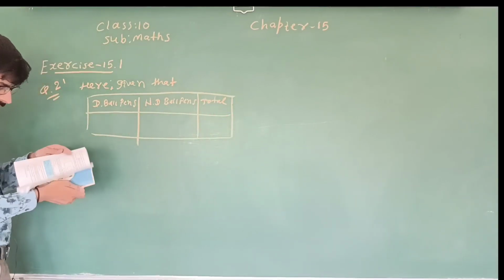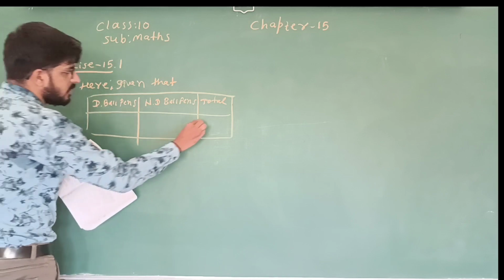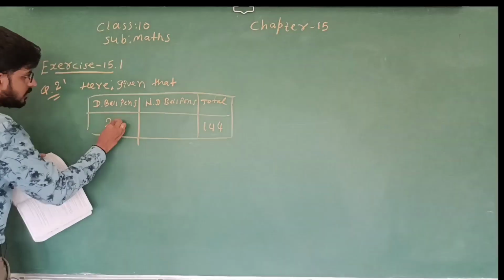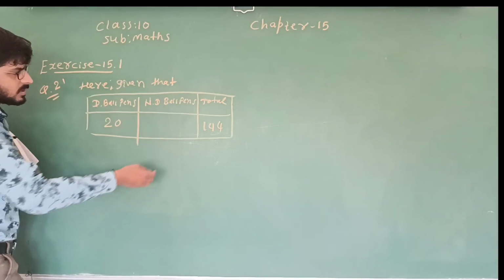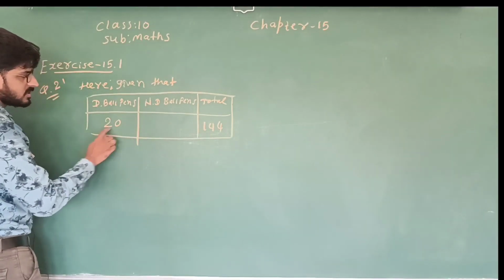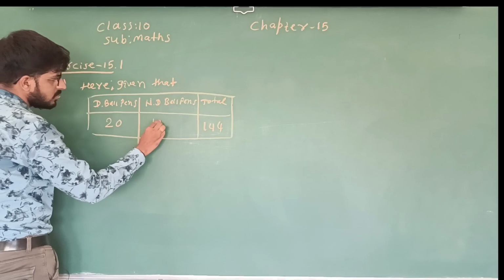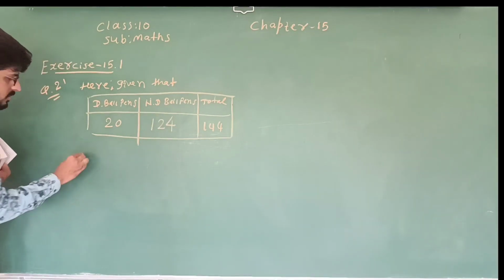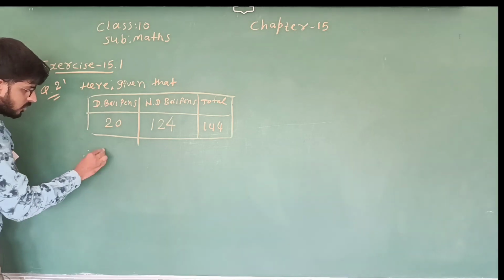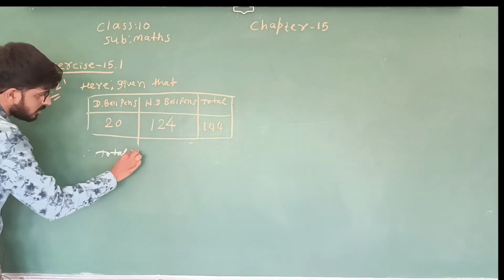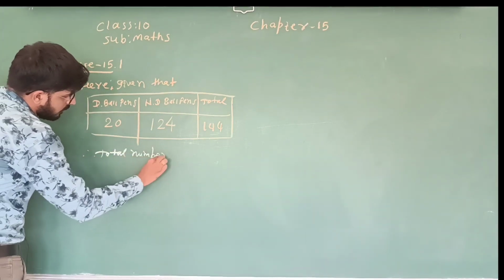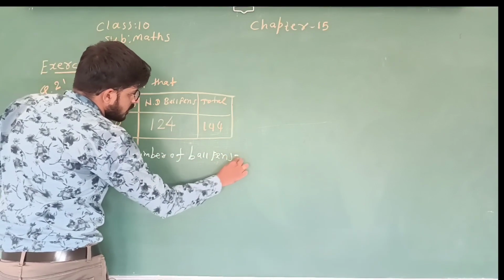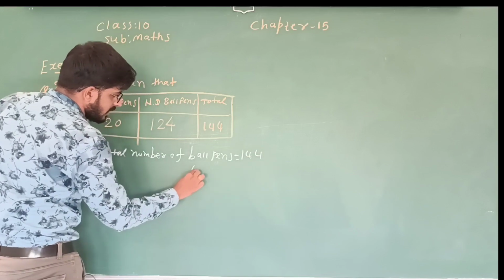See here, 144 ball pens are given, of which 20 are defective. So 144 minus 20, we get 124 non-defective ball pens. Therefore, we can write total number of ball pens is equal to 144. Also we can write outcomes.